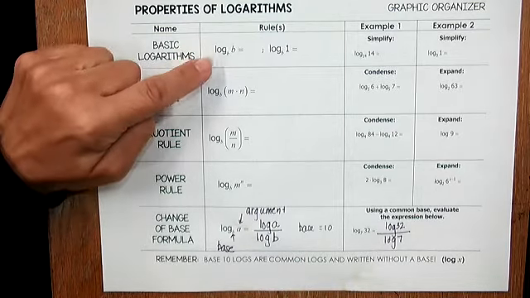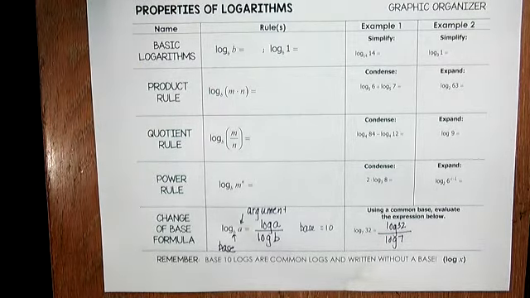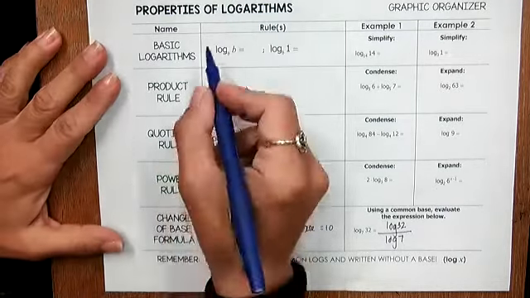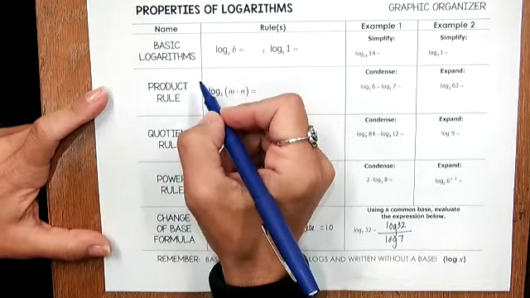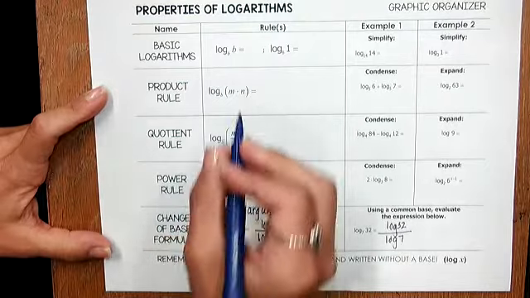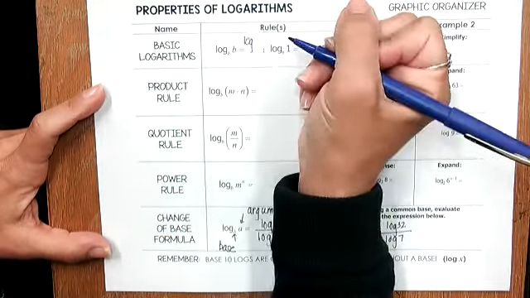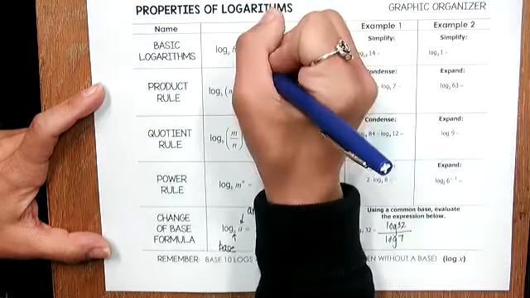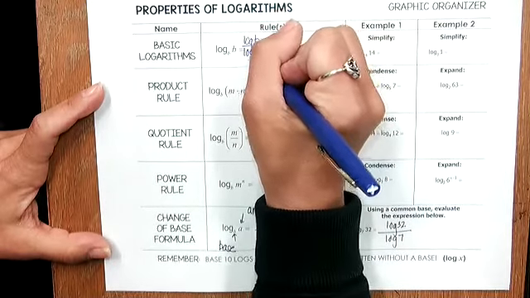If the base is the same as the argument, well, you know what? Let's show what that looks like using the change of base formula. Using the change of base formula, this becomes the log of the argument, which is B, over the log of the base, which is B, and this is 1.